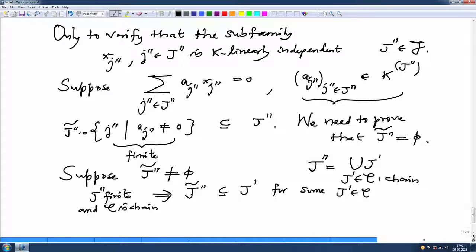Because for example, if J double prime tilde has only one element, this is obvious. If it has more than one element, they will belong to two different J primes, but the J primes are comparable. So I will choose the bigger one. So definitely this relation will become a dependence relation.